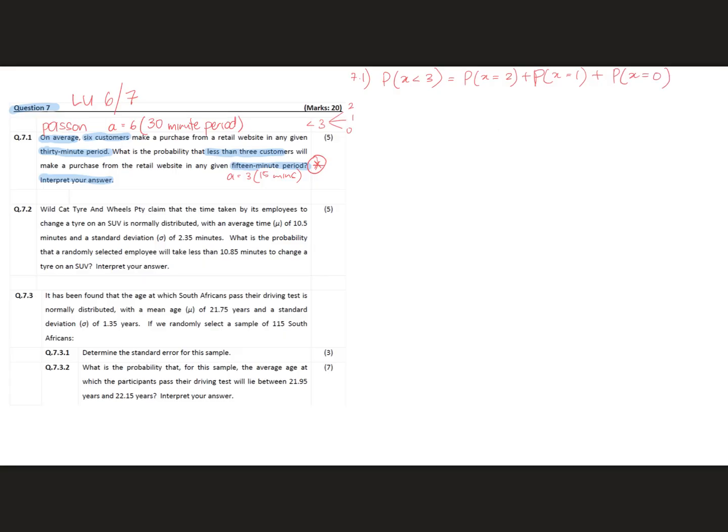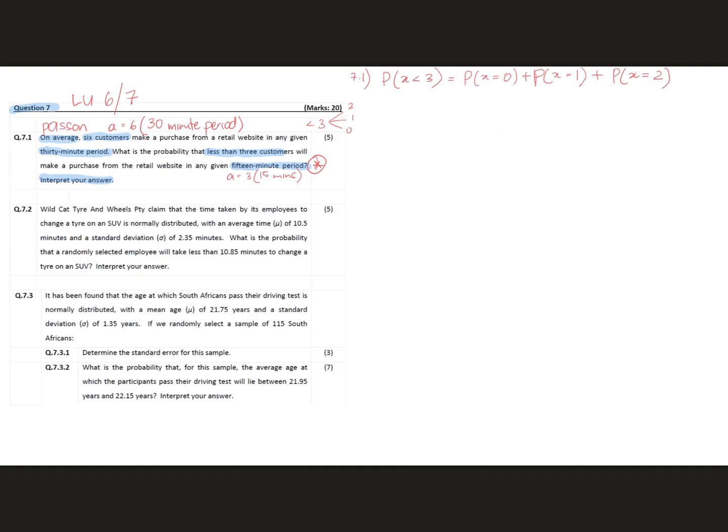You can also just do it in ascending order and say first probability of x being equal to 0 plus the probability of x being equal to 1 plus the probability of x being equal to 2. So you can change that as well. You can put them in normal sequential ascending order. So let's actually just do that. Let's put them in normal ascending order. So 0, 1, and 2.